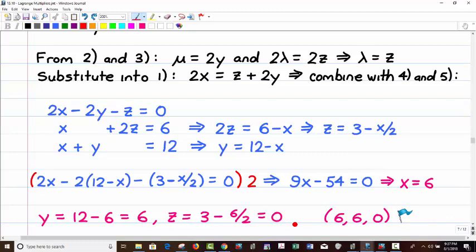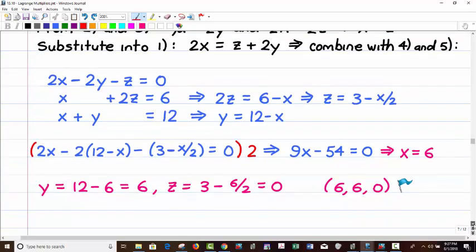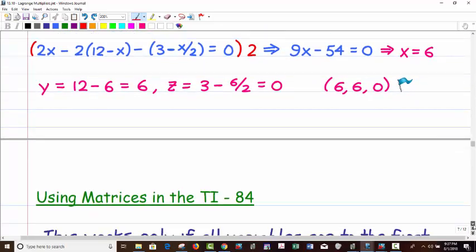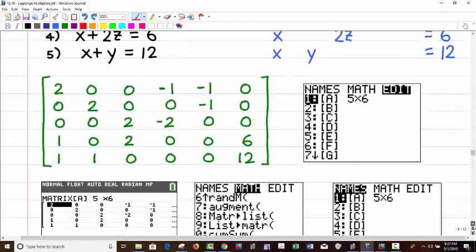The last problem was finding dimensions of that box, so you could not have negative values. So we have x equals 6, y equals 6, z equals 0, so that would give us the ordered triple of 6, 6, 0.